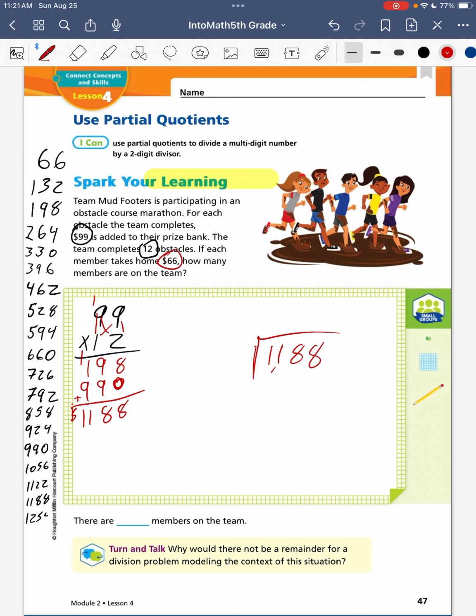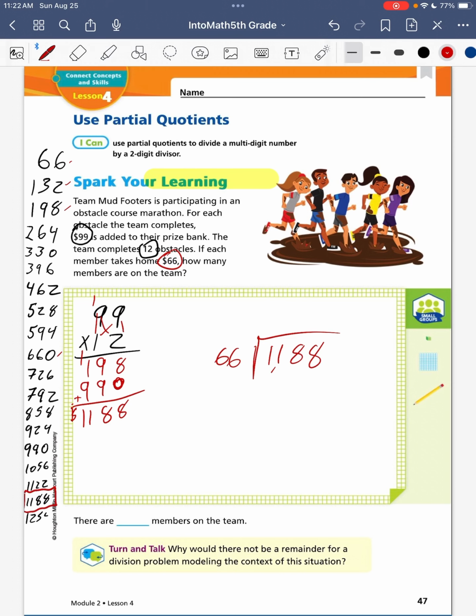Each member of the team walked away with $66, so we are going to be dividing 1,188 divided by 66. Now, before we got started, I went ahead and wrote out all the multiples of 66 that I could come up with. I even went beyond the 10th multiple of 660 because I wanted to see if we could evenly divide 1,188 by 66.